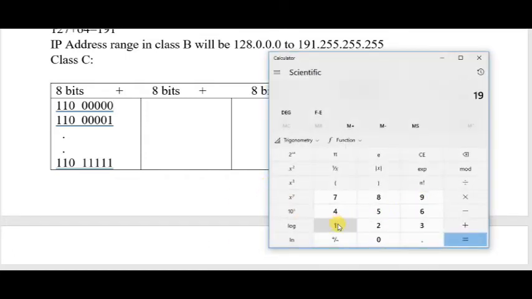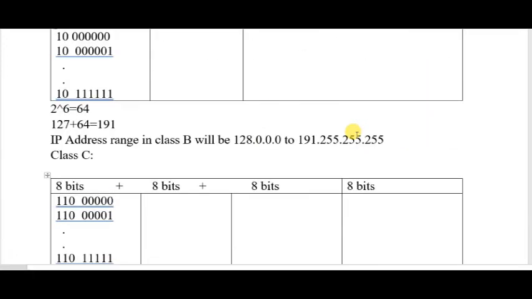So in class C, the range will be 192.0.0.0 to 223.255.255.255. So come here.